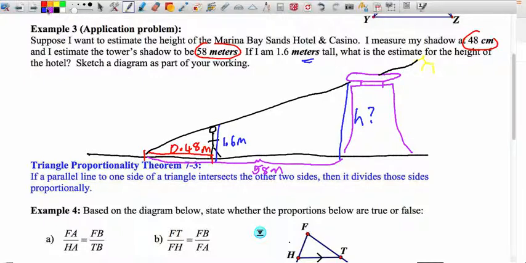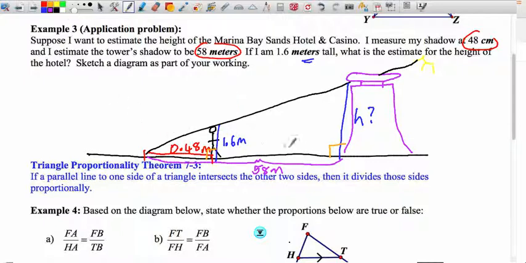A couple of assumptions which you can make reasonably, or we will accept as fair assumptions. One is that we're going to have a 90-degree angle between the structure and the ground, and the other, maybe more risky assumption, is that I'm standing at a 90-degree angle to the ground as well.